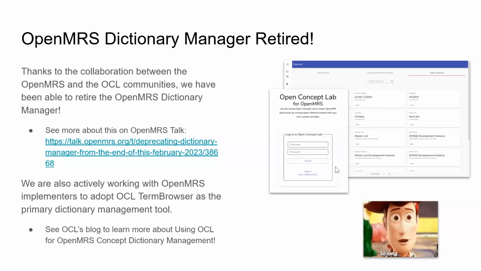But we just want to say this is an absolute success. The fact that we are working on one user interface instead of two is a great success here, and we want to thank the OpenMRS community members who have done such a great job at helping the term browser get to where it's at and continue to develop.